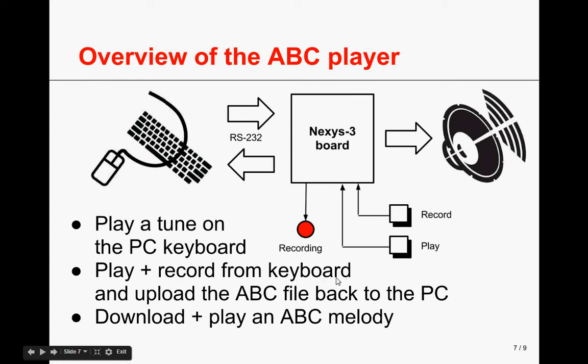Now, a further operating mode may consist of playing and recording, in which case we will press the record button, then the recording LED will light, and from that moment on, whatever keys are pressed in the keyboard will correspond to musical notes that are played, and the corresponding ABC representations will be stored in the buffer inside the FPGA, and this will take place until we again press the record button, in which case the LED will turn off, and the ABC representation of the tune that has just been played, which was stored in the buffer inside the FPGA, will be uploaded back to the PC, where it can be played again using the ABC Explorer program.